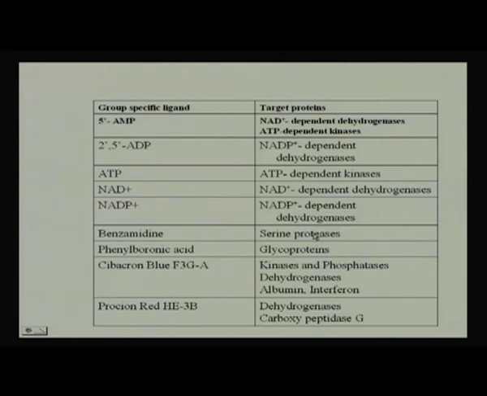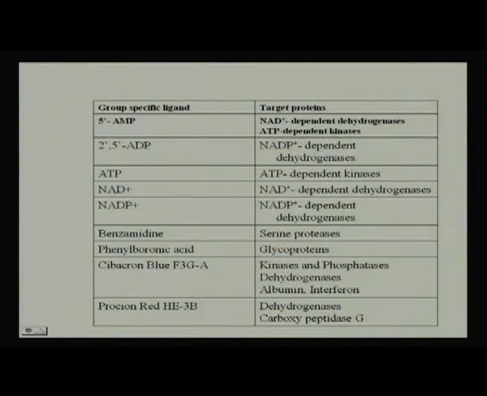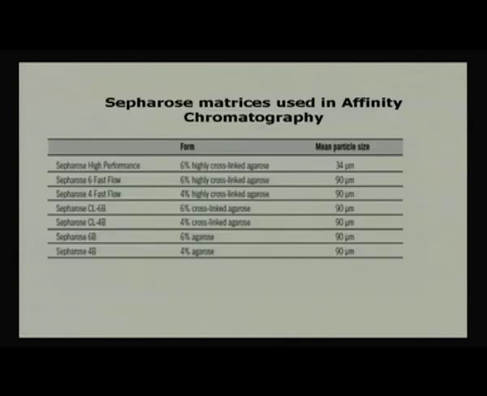Any type of proteases, particularly serine proteases, has very strong affinity with this type of molecules. If we have phenylboronic acid as the group specific ligand, we can separate any type of glycoprotein from the mixture of intracellular cell extract. So, these are some of these monospecific and group specific ligands.